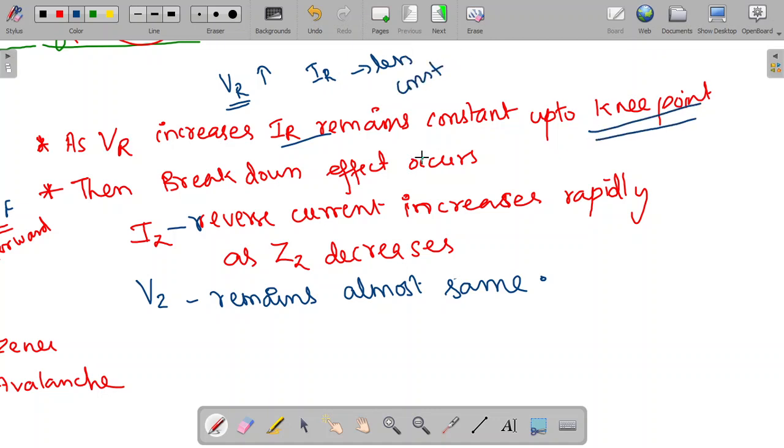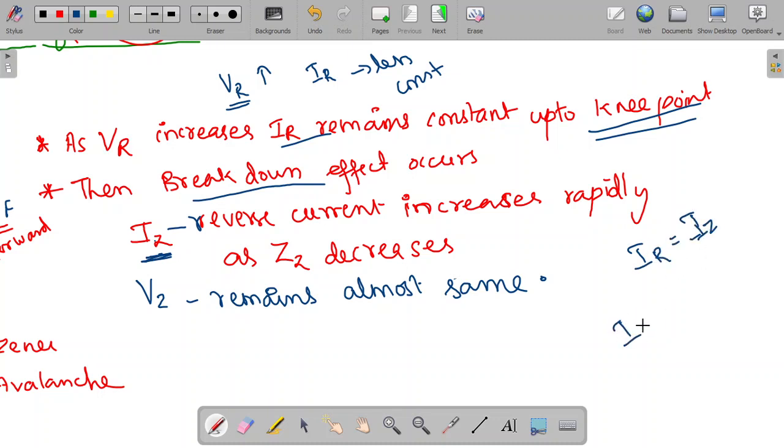That is important. At the knee point, the breakdown effect occurs. Because of this breakdown, this IR, the reverse current, which is here also given as IZ, the Zener current, is mentioned as IZ.